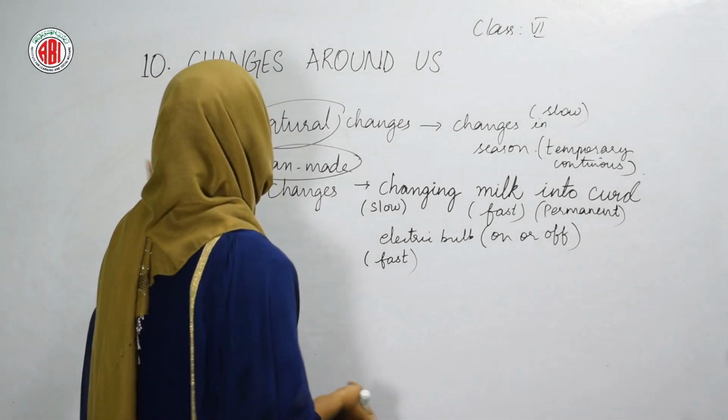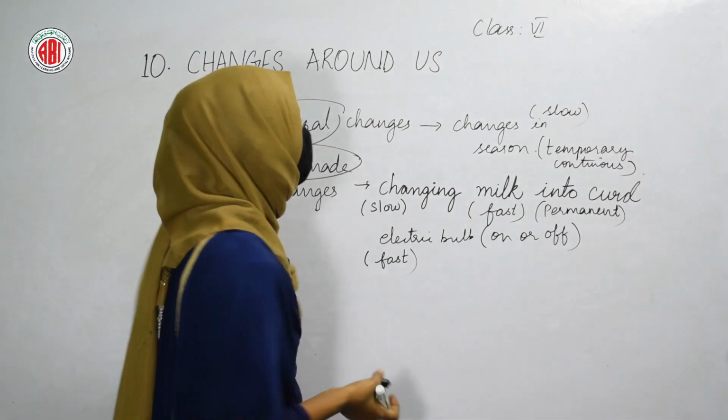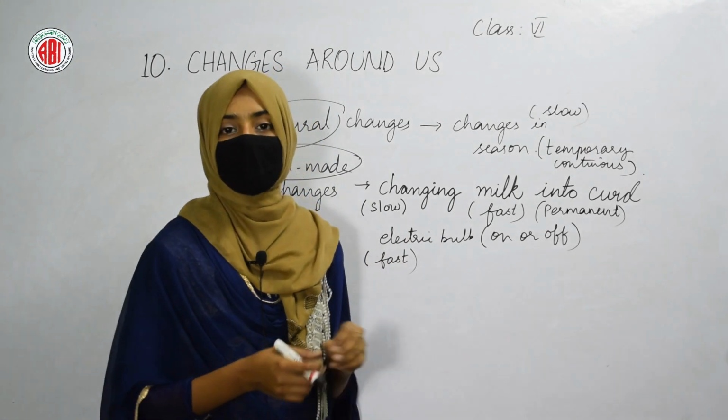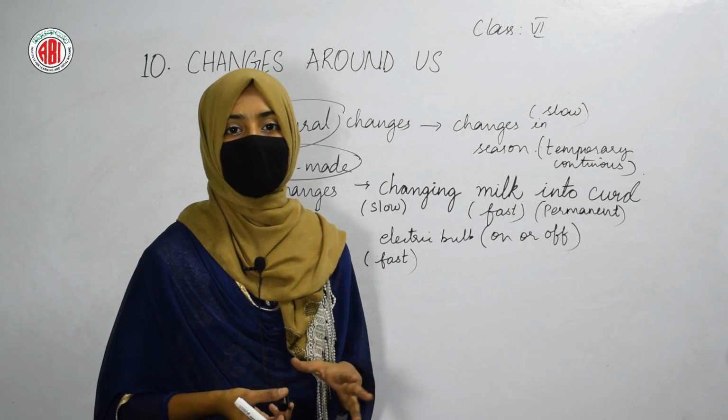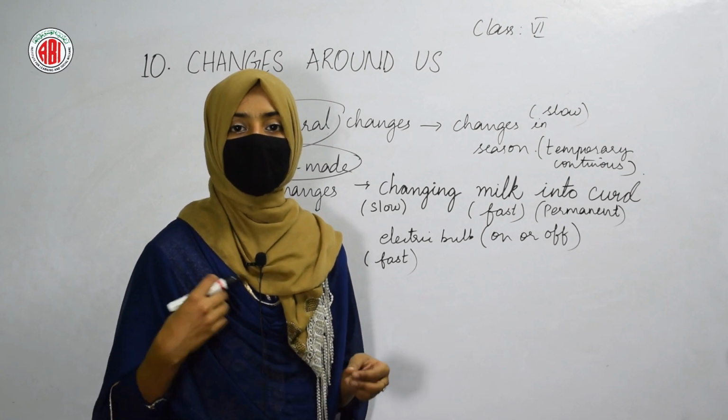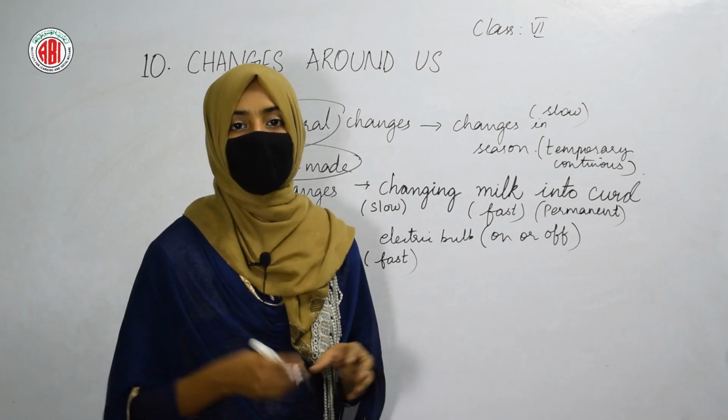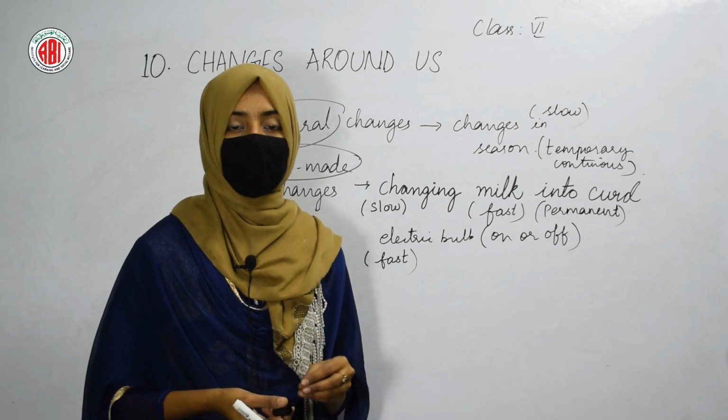So here, the lesson Changes Around Us ends. In this lesson, we have discussed certain changes that take place naturally and some of the changes that take place artificially, which are also called man-made changes.